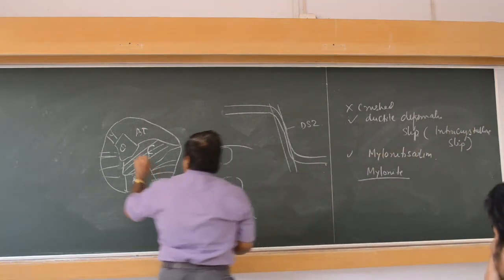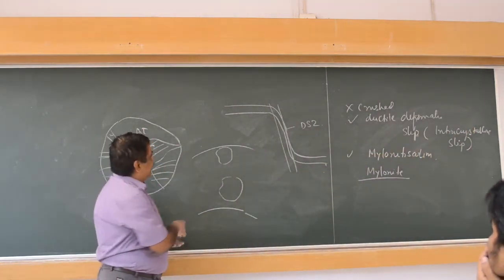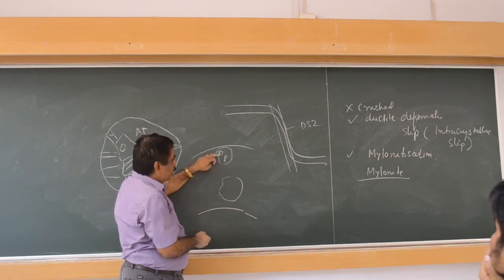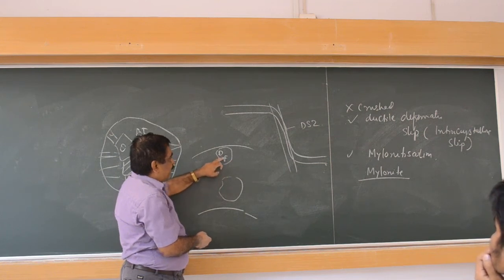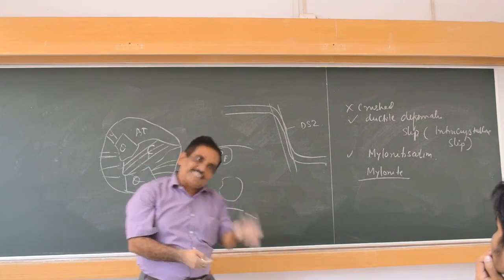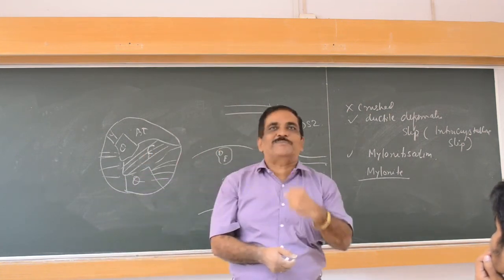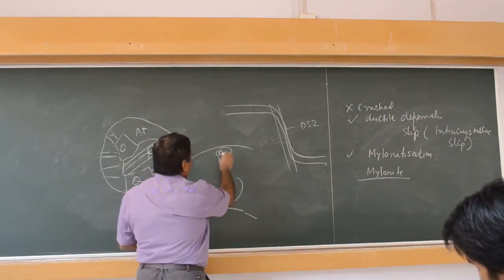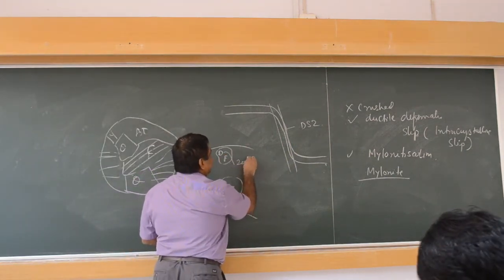Now the point is, quartz and feldspar, you think we are gradually taking them down. Both of them will not become ductile at the same time. Try to understand this point. Quartz will become ductile at 200 degree centigrade.